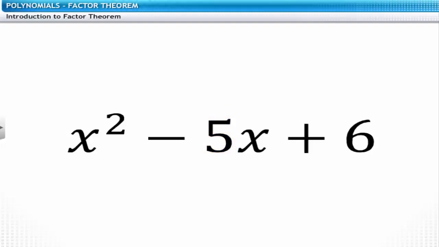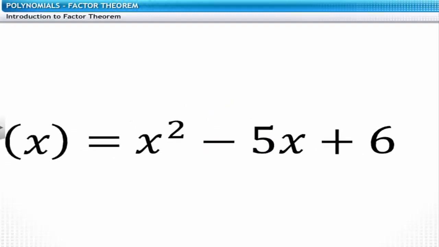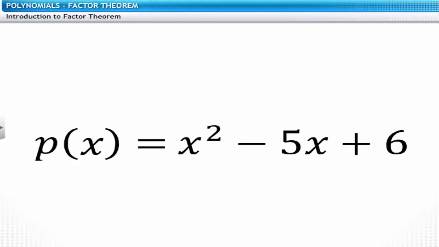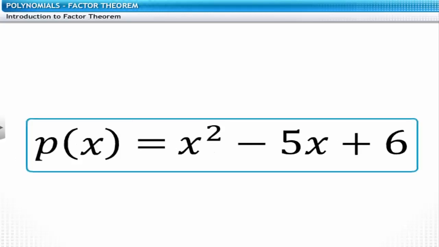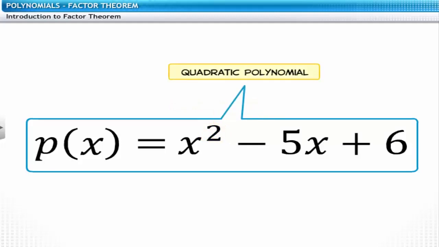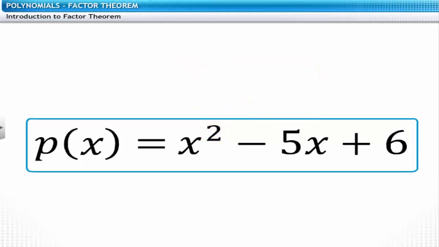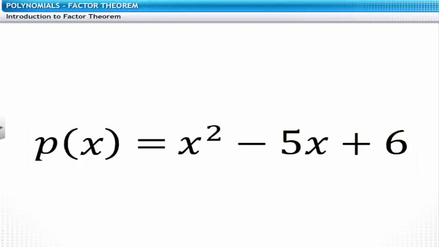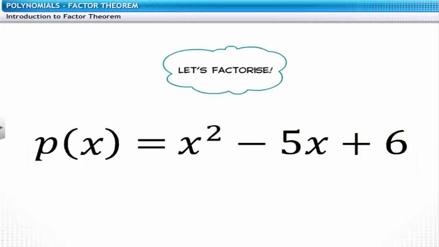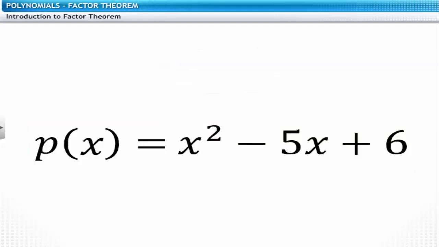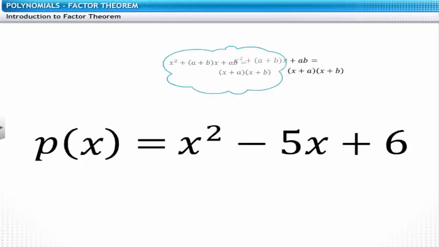Hence it can be represented as p of x, which is the general form of representing polynomials. In this polynomial, the highest degree of x is 2. Thus, this is a quadratic polynomial. Now, let's factorize this polynomial. Here, we will write the polynomial in the form of this algebraic identity.